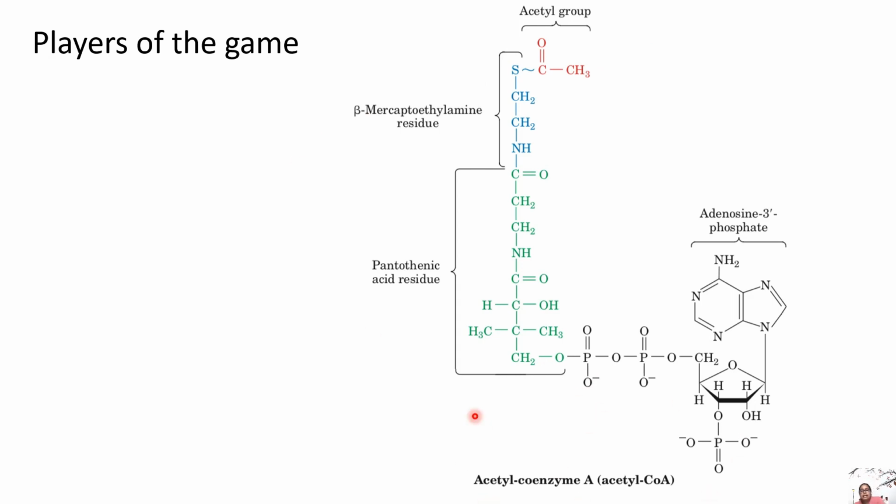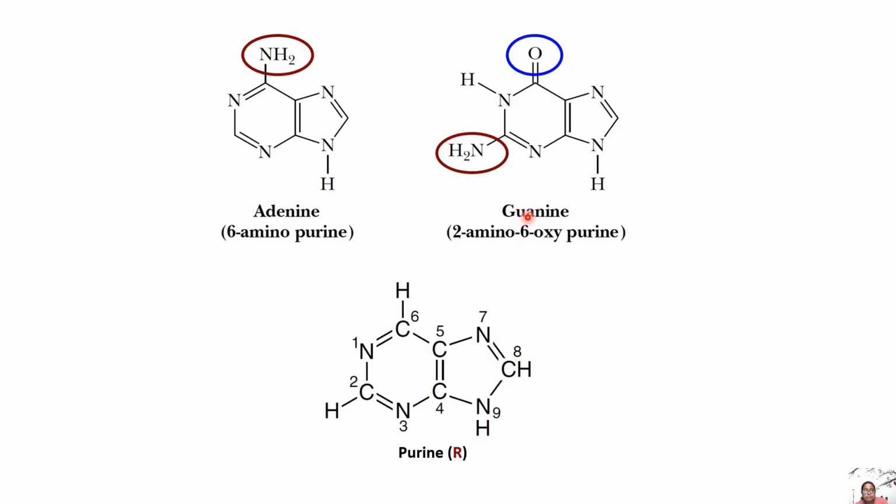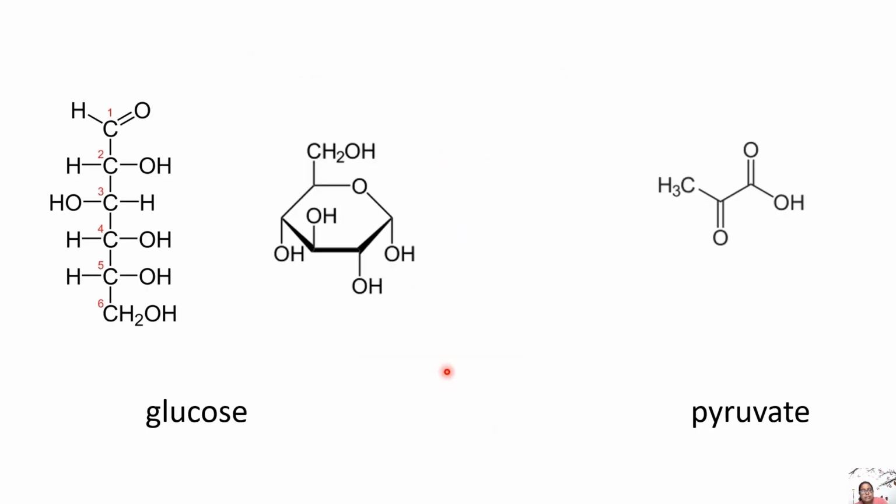Acetyl coenzyme A, acetyl CoA: the structure has adenosine triphosphate, then the acetyl group over here, a pantothenic acid residue and a beta-mercaptoethylamine residue. Now we know about the structures of adenine and guanine, which are basically purine nucleotides.